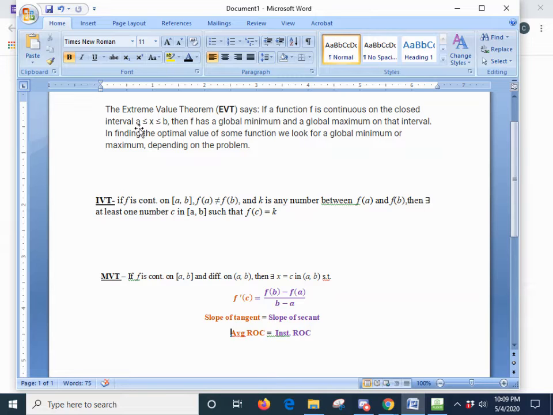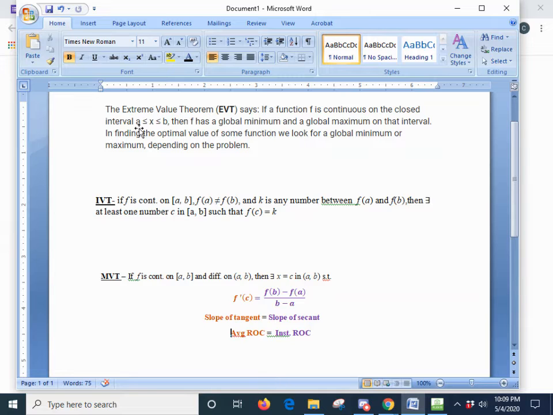So in order for this to happen, the function has to be continuous. It doesn't necessarily have to be differentiable, but it does need to be continuous. And the y values at the endpoints must not be equal to each other. And the k must be in between those two y values.